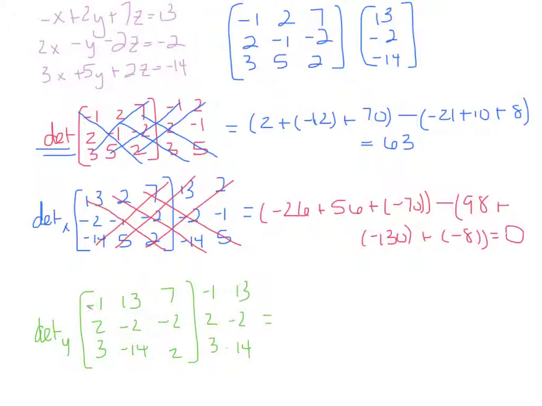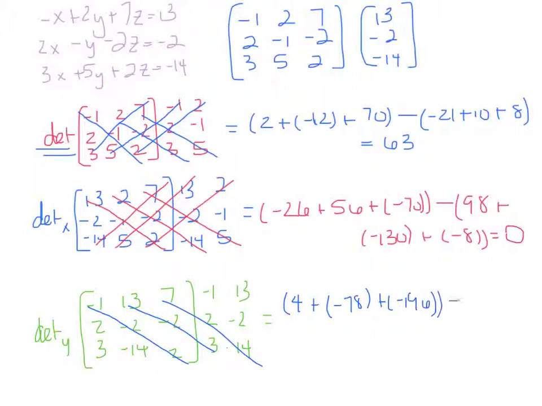We're going to find the determinant here. So coming down first, we have a positive 4, plus a negative 78, plus a negative 196.